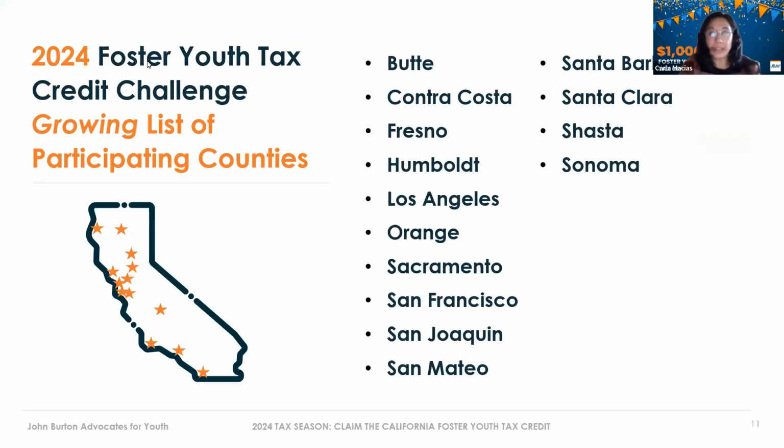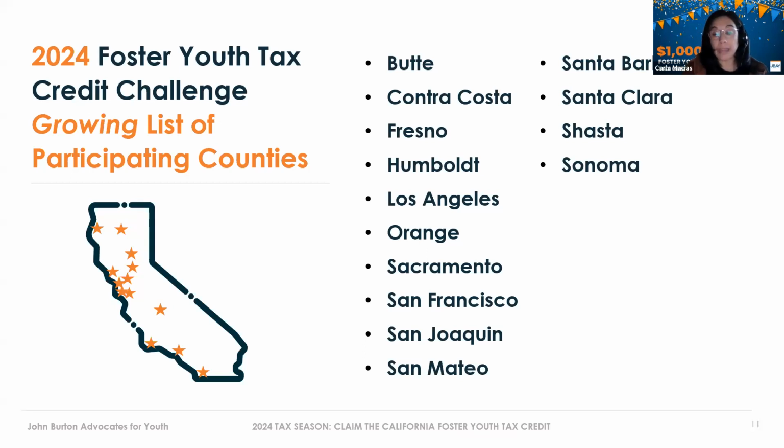All right, so hello. As Simone mentioned earlier, before I became a consultant, I worked with Santa Clara County Social Services for 23 years. 15 of that was with the Transitioned Aged Youth Bureau. And in 2020, JBAY, John Burton Advocates for Youth, we call them JBAY, approached me with the pilot proposal to turn our youth center into a VITA site.